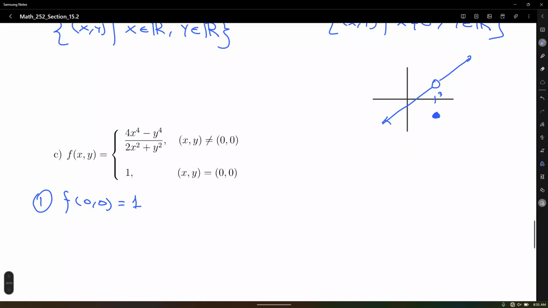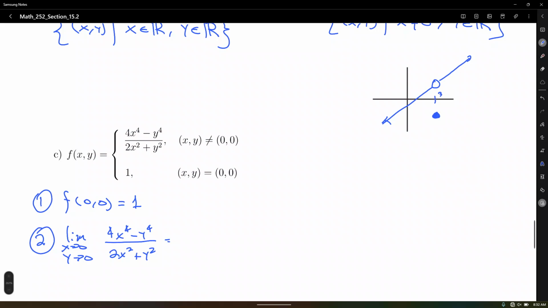Condition number 2. The limit as x approaches 0, y approaches 0, of x to the fourth minus y to the fourth over 2x squared plus y squared. If we try direct substitution, notice in this case we can, because we are not evaluating the function, we are finding the limit.